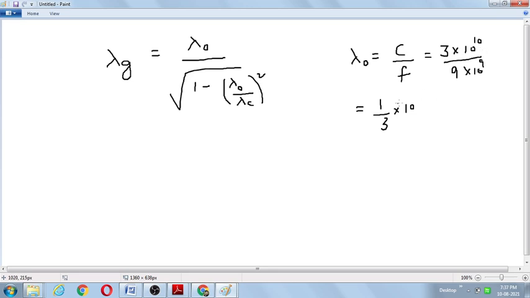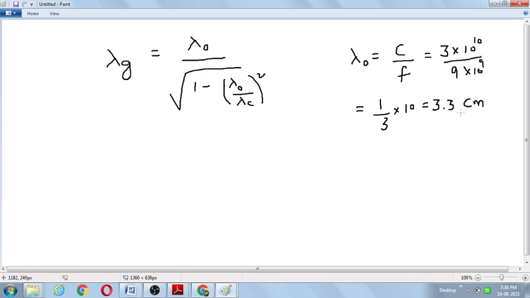So 3 by 9 is equal to 1 by 3, into 10 power 10 into 10 power minus 9, which is 10. So 1 by 3 into 10, that is equal to 10 by 3, you'll get 3.3 centimeters.